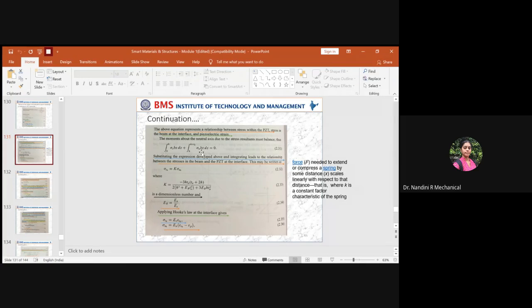So once this is done, this equation we have got now should be substituted. Why? To develop a relationship between stress in the beam across the interface. So in order to develop the stress in the entire beam across the interface, this is the equation we use.